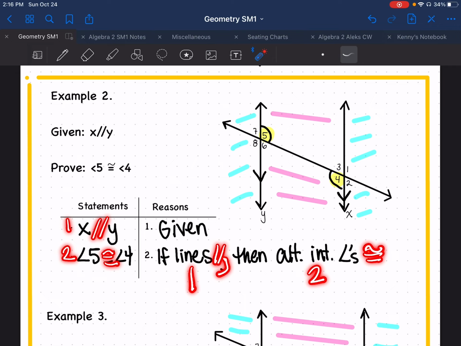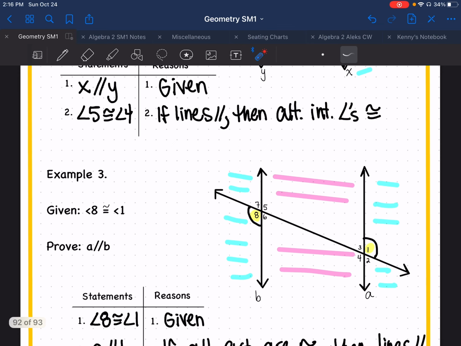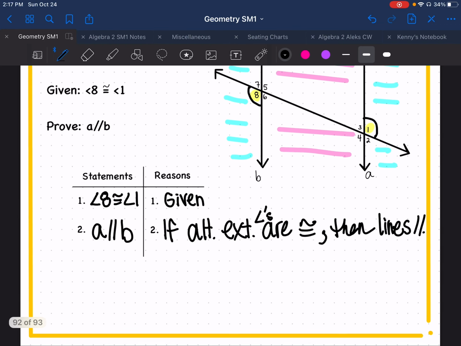So it's doing it exactly how you should do it. The only thing you've got to figure out is what kind of angles 5 and 4 are, what kind of angles 8 and 1 are. Okay? Oh, I missed the angle symbol. There we go. All right, so those are our two easy proofs where we just have to recognize what kind of angles we have, and we have to know when to use what, okay?